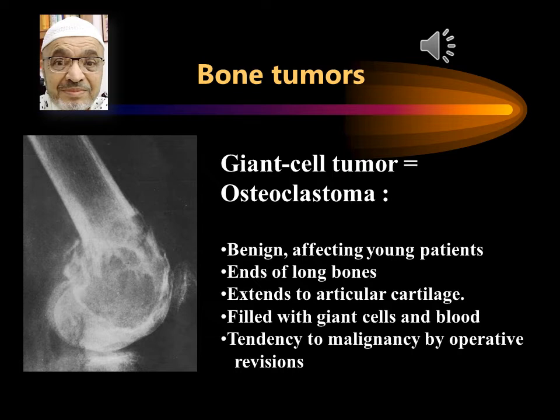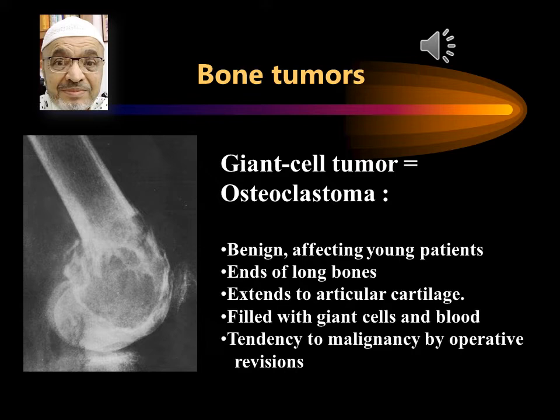Another type of benign tumor which is affecting young patients is the giant cell tumor, osteoclastoma. The name osteoclastoma is old. Now mainly you find it in the references as giant cell tumor.